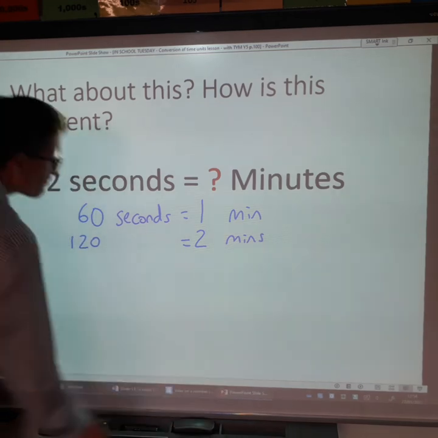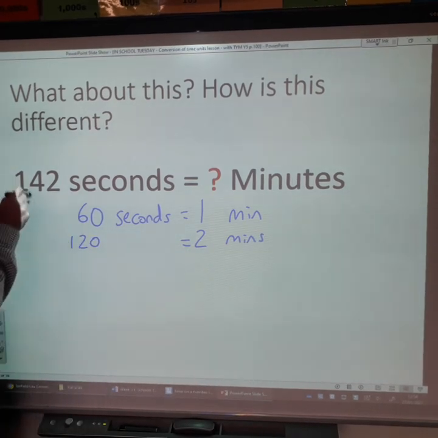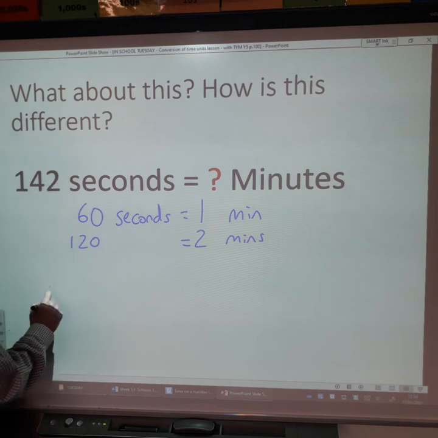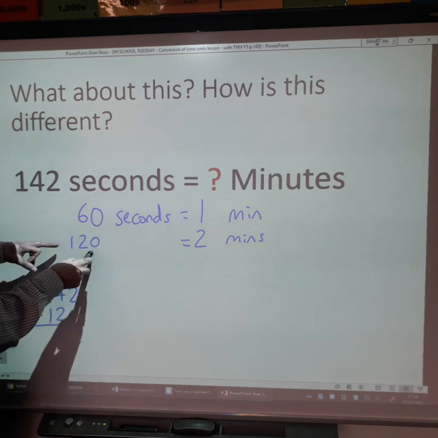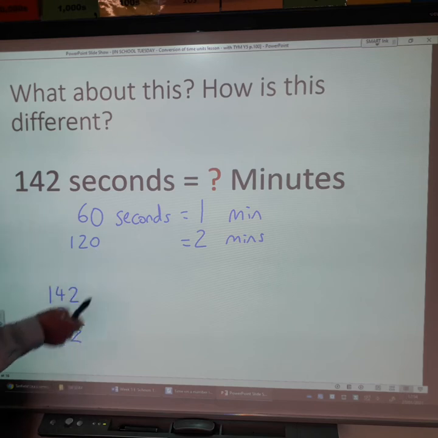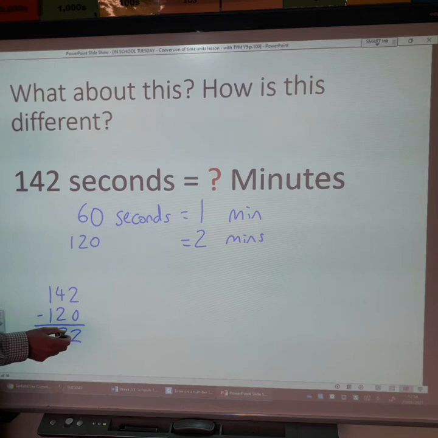So I know that if 2 minutes is 120 seconds, then I've got to find the difference between the 142 and the 120. So I could do a written calculation like this to find the difference. That means 2 minutes was 120, so I need another 22 seconds.